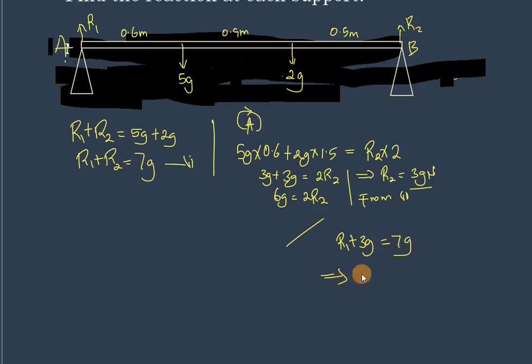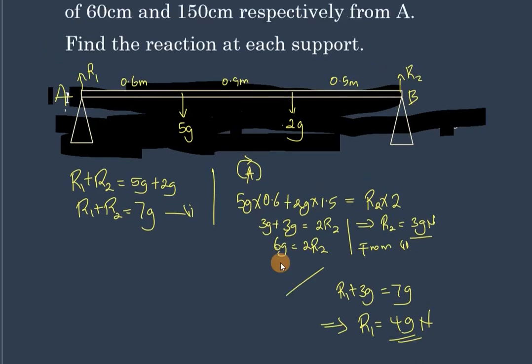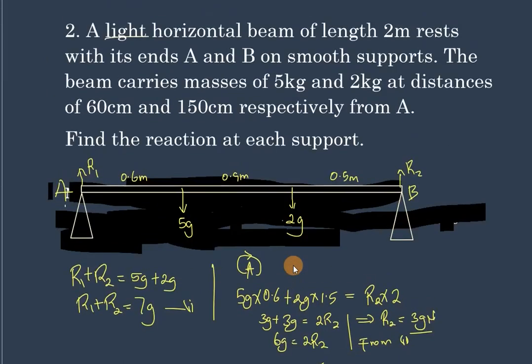And this implies that R1 is equal to 7G minus 3G, which is 4G Newtons. You need to substitute back the values of G and write the final answer as a decimal number. That is what we have there.